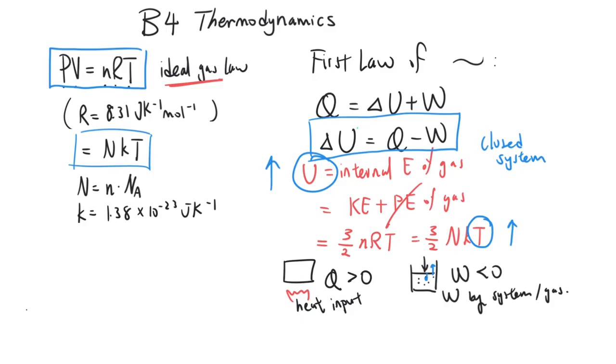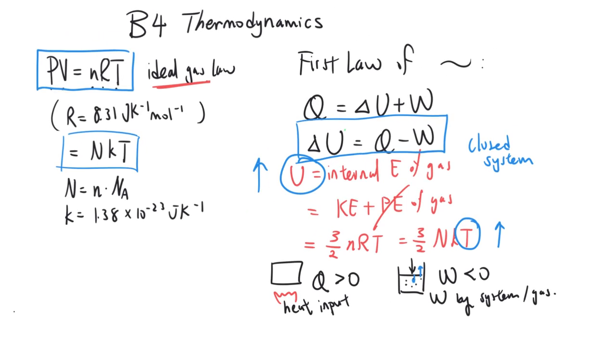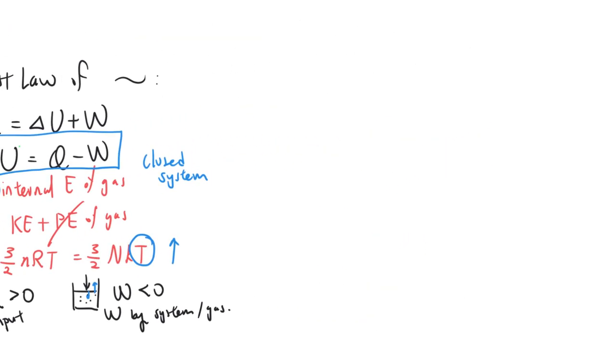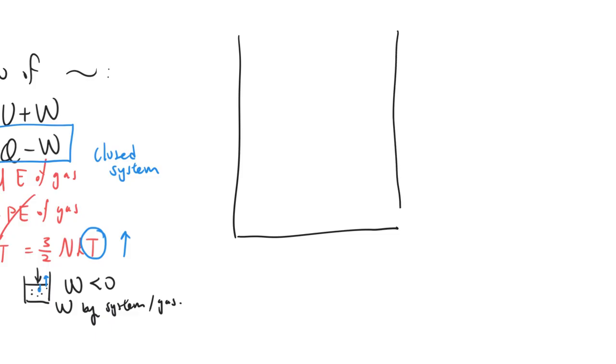So this is a very important prerequisite before we look at PV diagrams. So now we're going to examine exactly this model right over here. So we have this container, and we have a piston that seals it tight into a closed system.